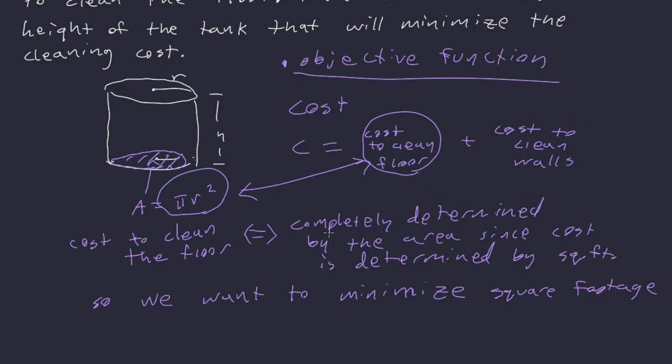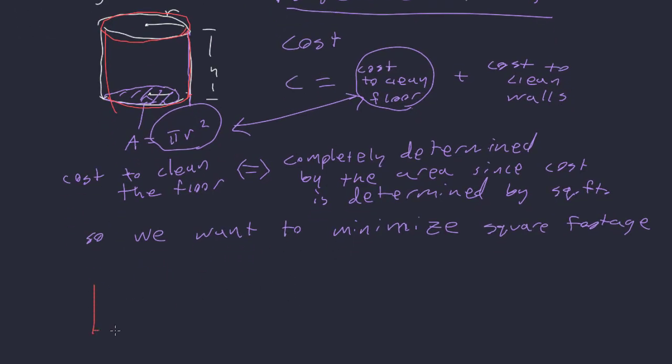The cost to clean the walls, well, let me use a different color here. Imagine a cylinder made out of a piece of paper and you slit it down the middle and spread it out. When you do that, you get this rectangle.